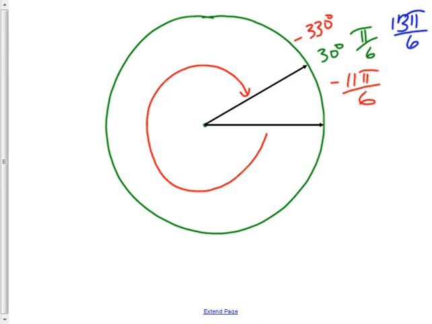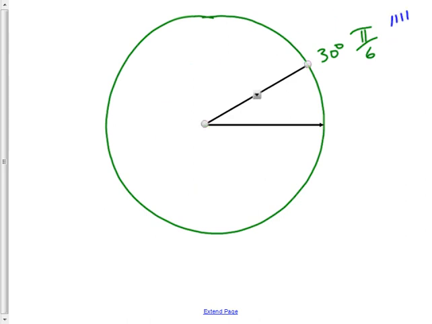Those are all cohabitating. No, coterminal. They're in the same terminal spot. All right, coterminal is easy. It's just angles that are in the same spot as each other. All right, so give me another way to say that, give me another way to get right here. What's another way to get there than to go the way I went?